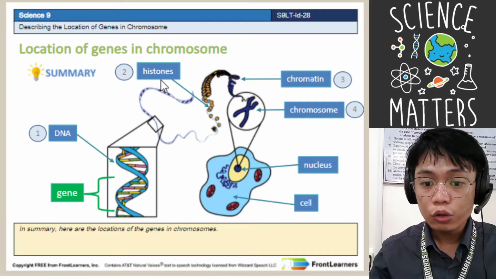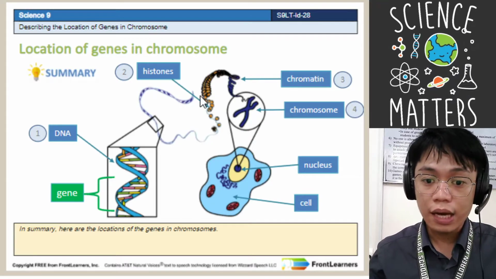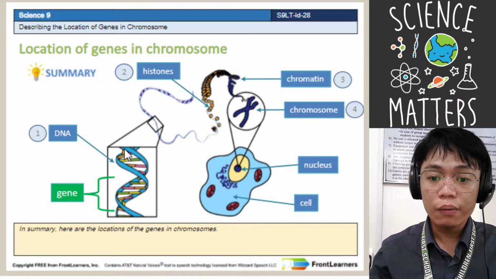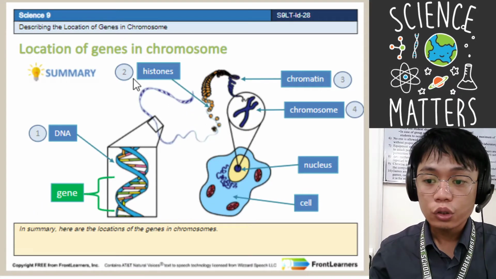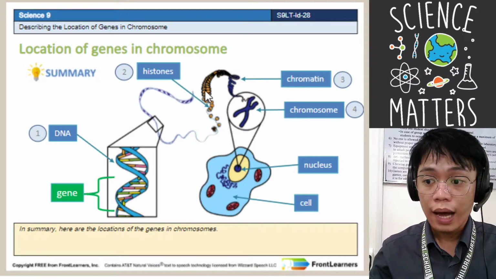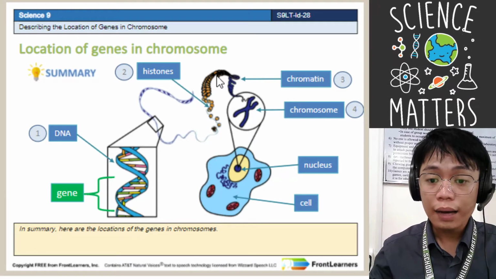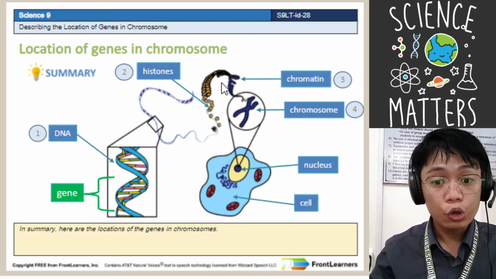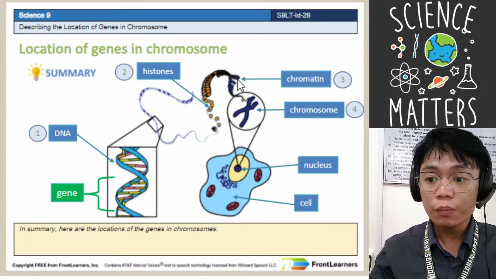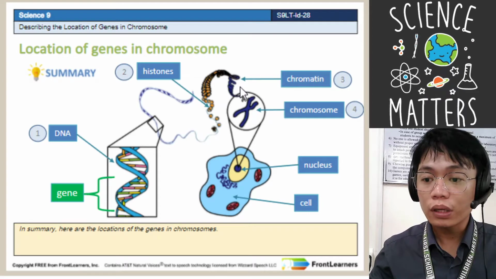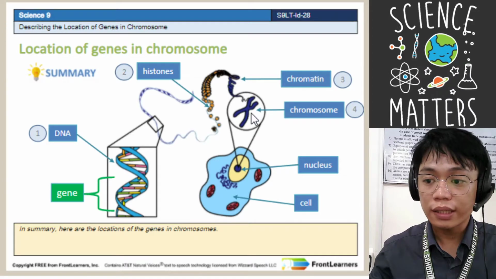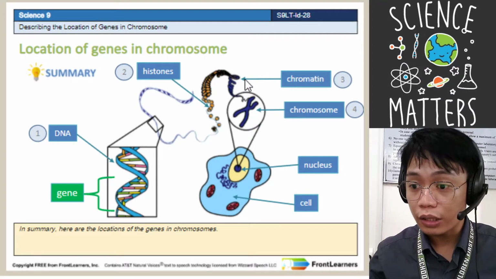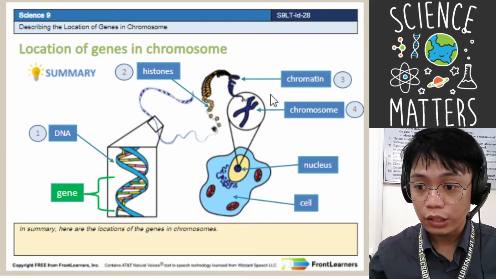At kapag yung nucleosome, nag-bind siya again sa other nucleosome, ang tawag doon ay coiled nucleosome. At yung coiled nucleosome, ang magiging katawagan na natin doon ay chromatin. So kapag yung chromatin ay naging grupo ulit sila, magkakaroon na ngayon ng tinatawag na chromosome. Yan yung structure niya, yung X-like structure.